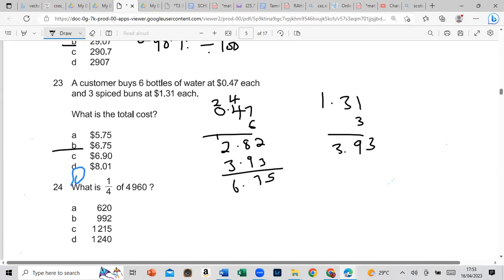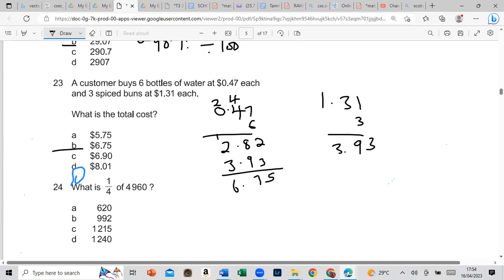All right, what is a quarter of 4,096? D as in dog, sir, for 24. Oh, you finished it already?